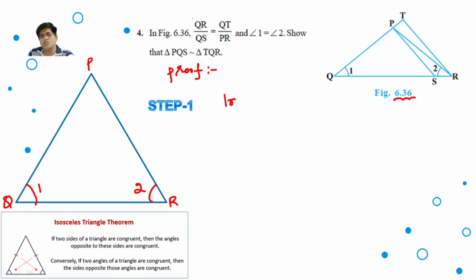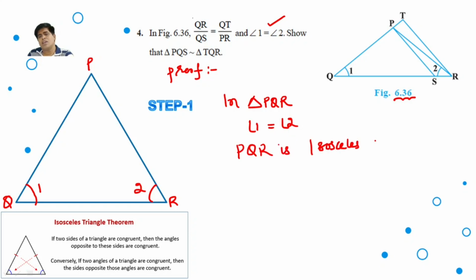So in triangle PQR, angle 1 is equal to angle 2. He has given in the data that angle 1 and angle 2 are equal. So when two angles are equal in a triangle, clearly PQR is an isosceles triangle.